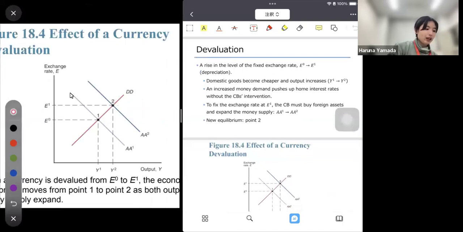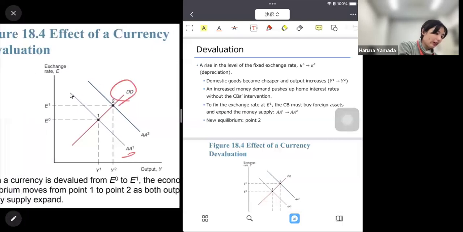Again, the horizontal axis is output and the vertical axis is exchange rate, E. There are two lines, DD and AA, and the initial equilibrium is at point 1 here. Then a rise in the level of the fixed exchange rate, E0 to E1. So the exchange rate depreciates, or devaluates, from E0 to E1. Then devaluation makes domestic goods cheaper and output increases from Y1 to Y2.